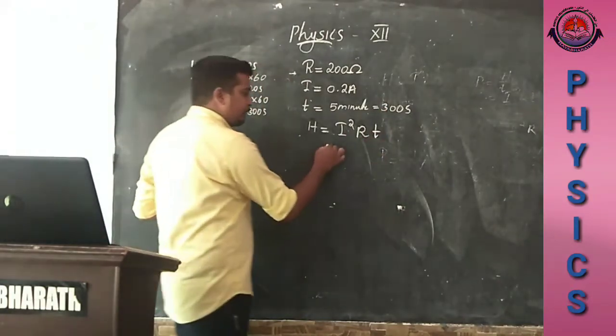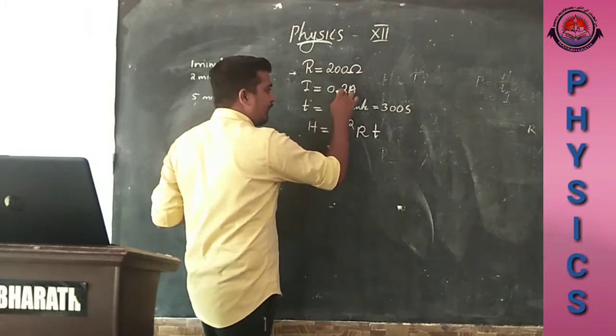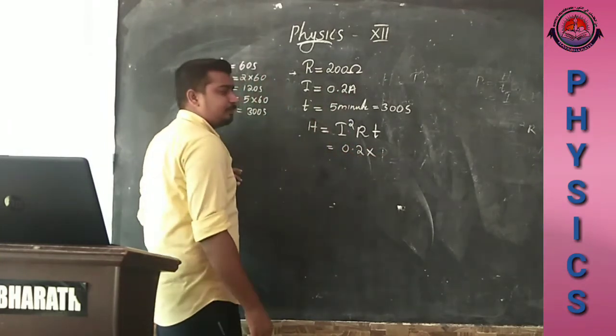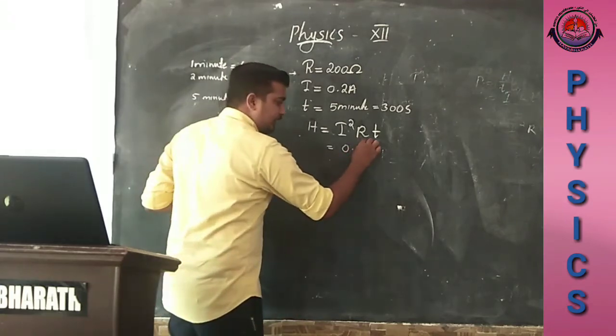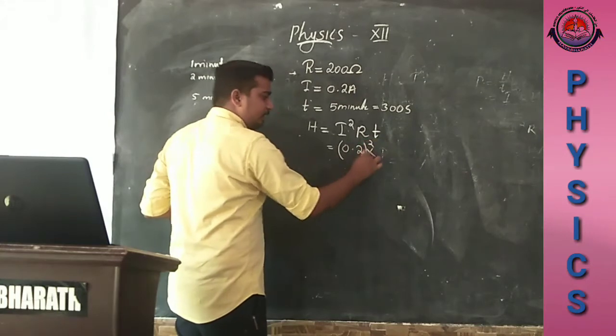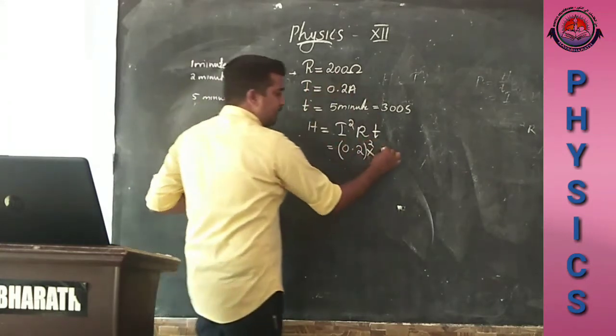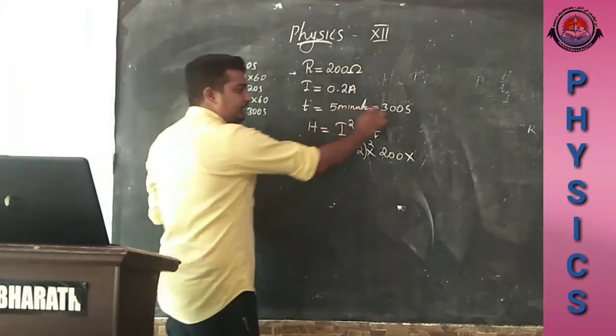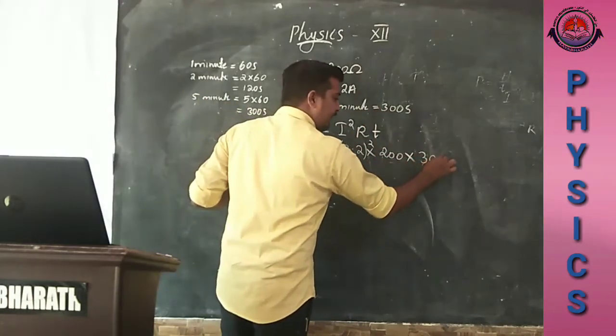Substituting these values, I is 0.2, so I square is 0.2 square, into R equal to 200, into T, 300 second.